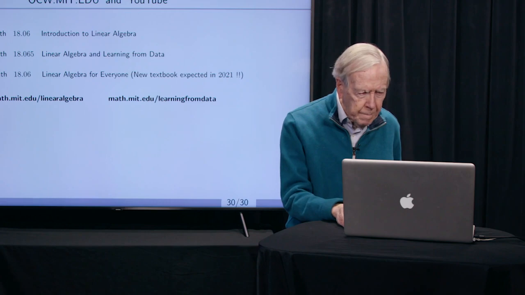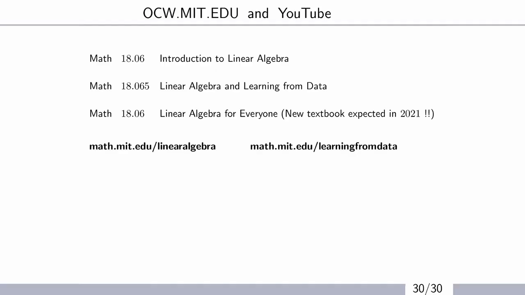Okay. This is maybe the last slide, to help orient you in the courses. At MIT, 18.06 is the linear algebra course, and maybe you know 18.06 and also 18.06 Scholar, SC, on OpenCourseWare. And then this is the new course with the new book, 18.065.